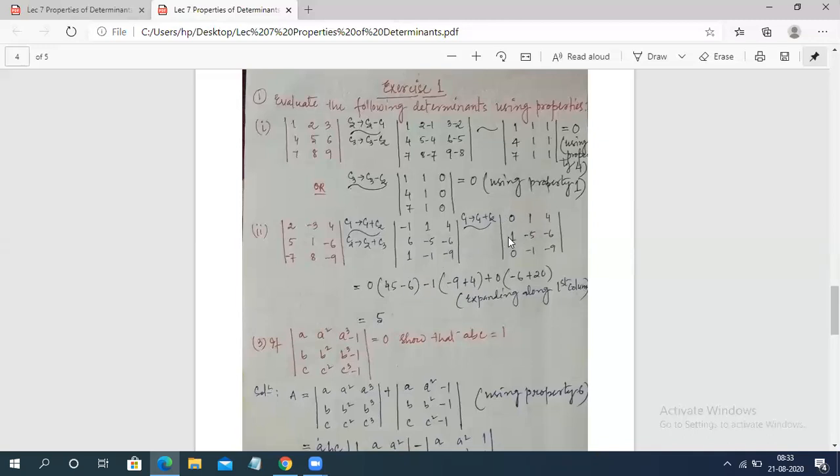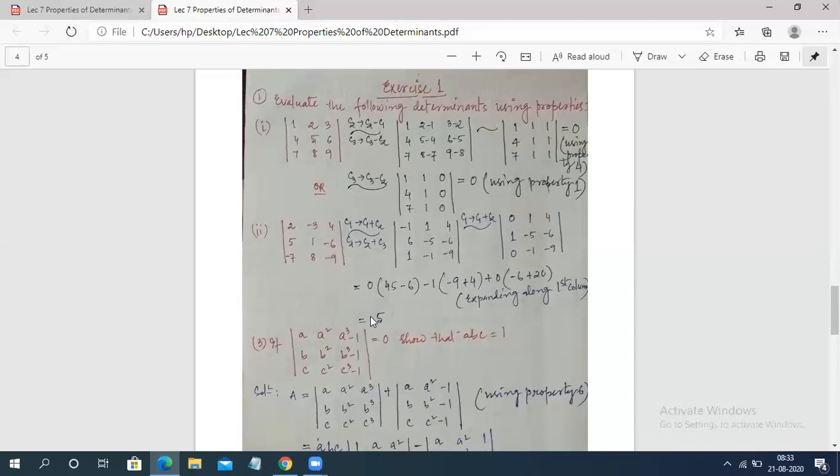and due to its position it will be minus 1, and then just ignore the particular column and row. You have minus 1 into minus 9, that is positive 9, and then the negative sign, and negative of 4 into minus 1, that is positive 4. So it will come out as positive 5.